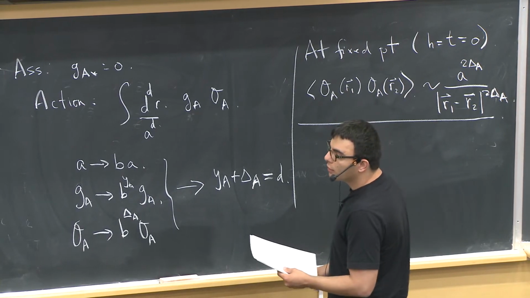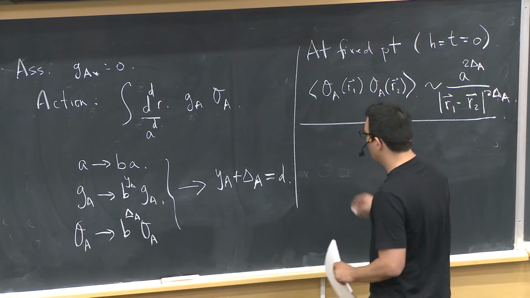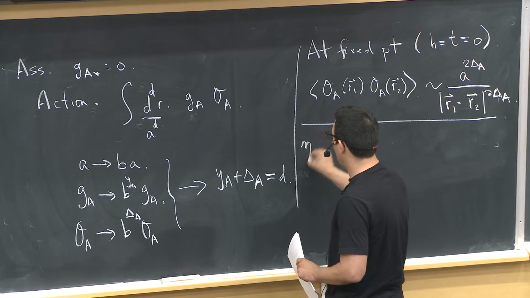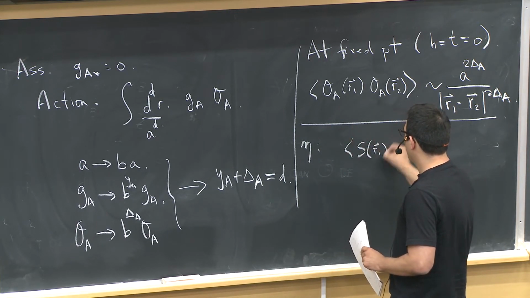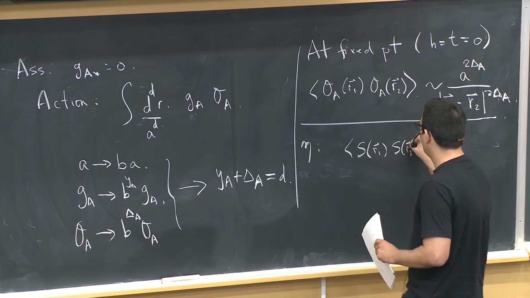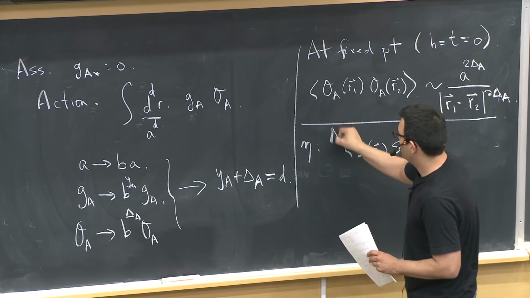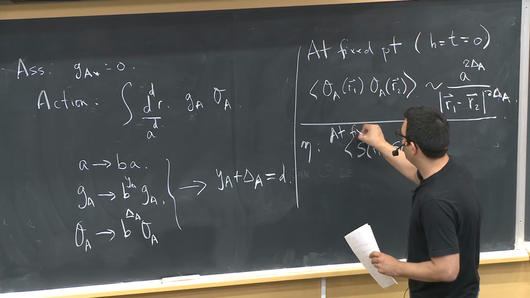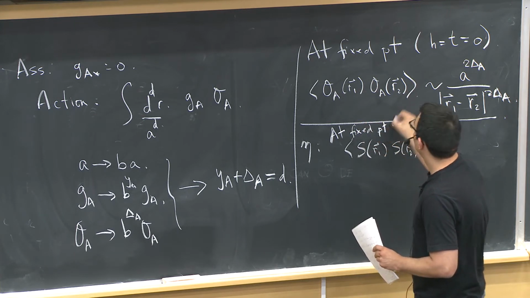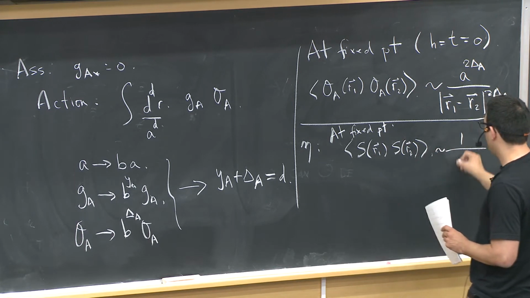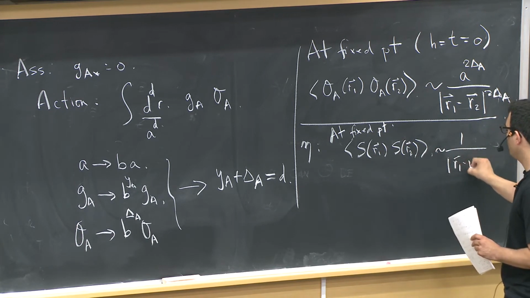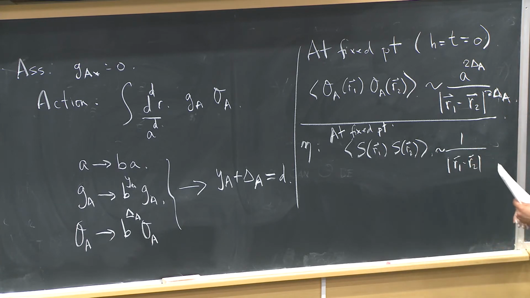The way eta was defined was that the correlation function of the spins S of R1, S of R2, right at the fixed point, namely at H equals T equals 0, is a power of the distance R1 minus R2, and the power is denoted by 2 plus d plus eta.